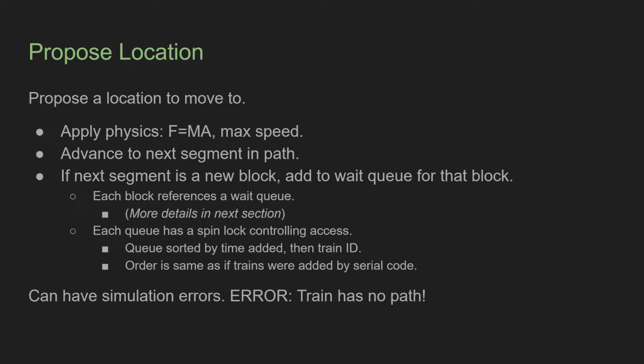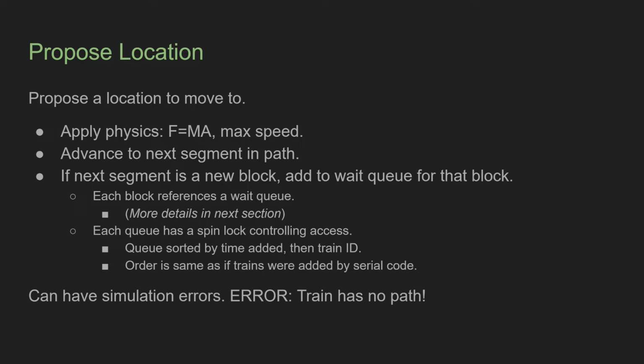If that next segment is in a new block, then the train needs to enter a wait queue to enter the next block. And again, blocks are separated by signals. Which wait queue to enter is determined by a pointer that's stored in the block, and I'll go into more details about that in the next section.